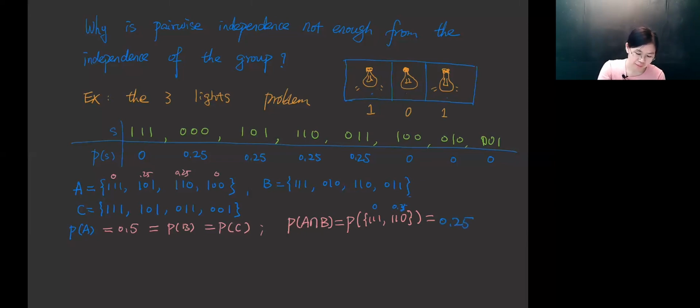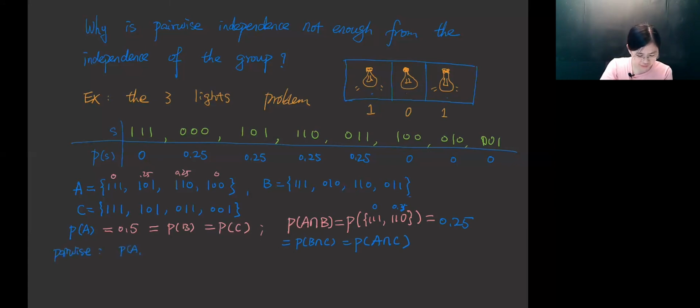You can do the same calculation for B and C and for A and C. So pairwise, the product rule holds.